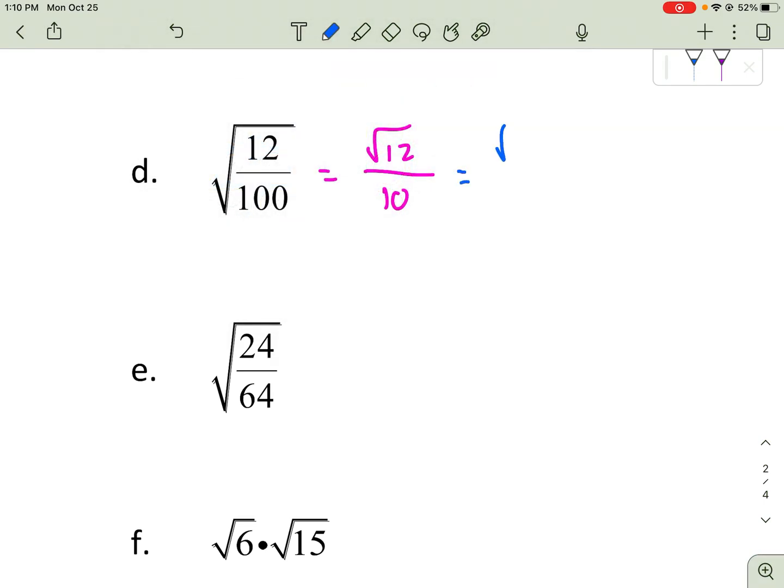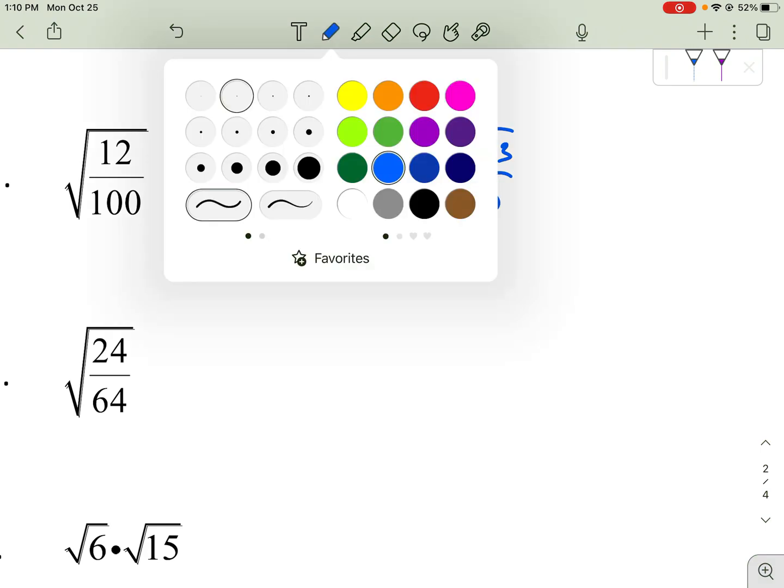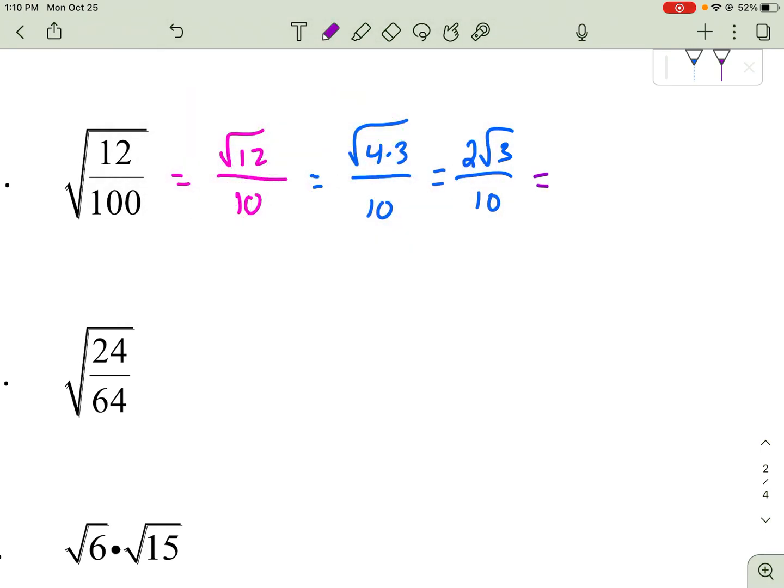And it is possible because 12 is 4 times 3. The square root of 4 we know is 2. We don't know the square root of 3, so it stays under the square root, over 10. Then we can reduce these two numbers like any normal fraction. It's like saying 2/10, and 2/10 is the same as 1/5. And there's a 1 here that I'm not going to write, but that's your final answer right there.